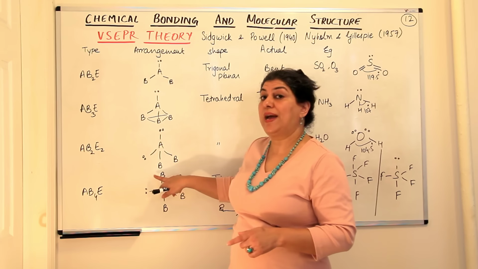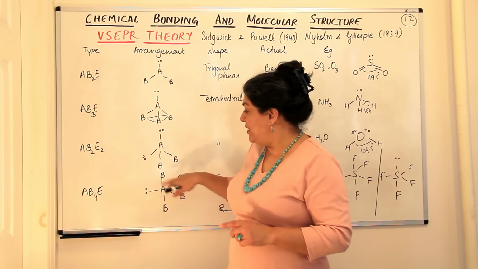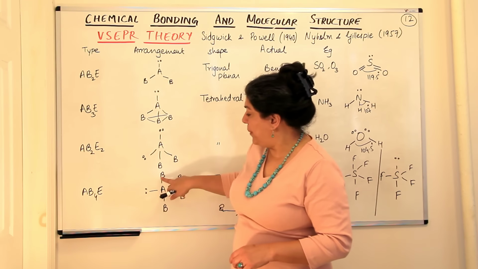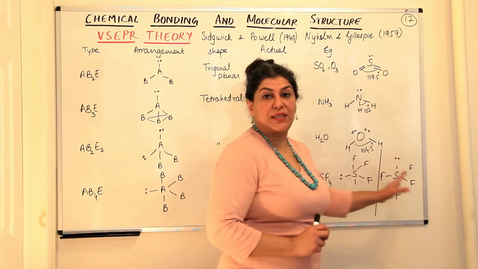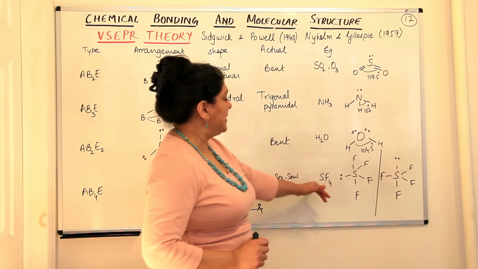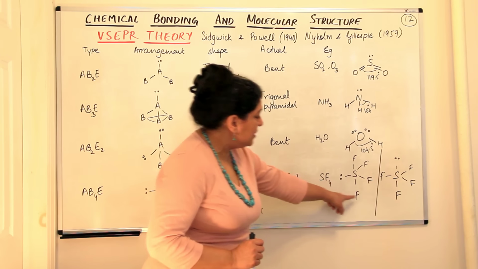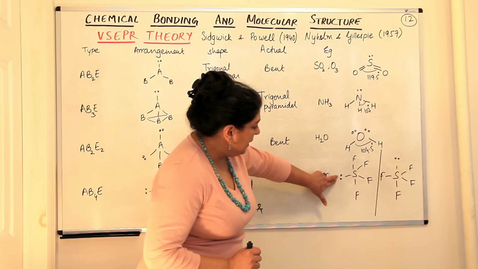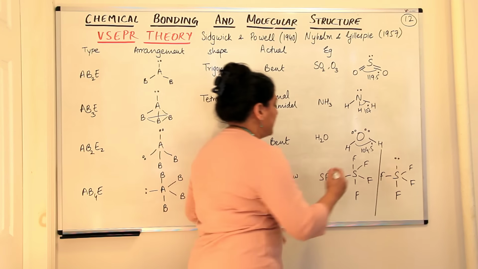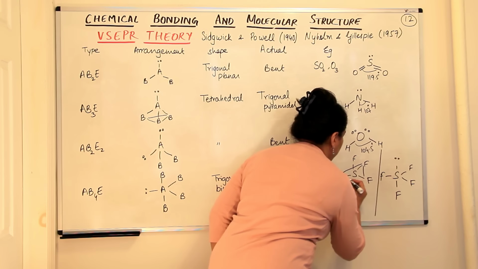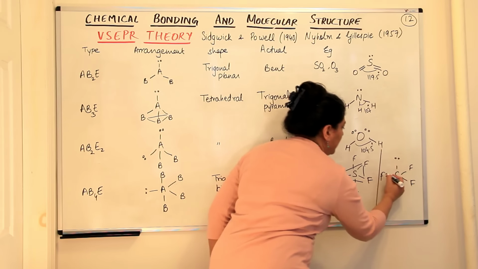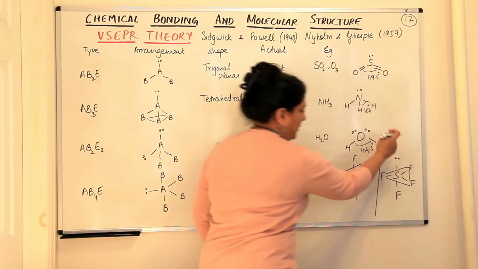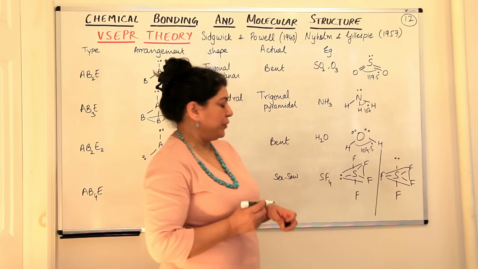It is not along the axis. The example is SF4. In this structure, the lone pair is present in the equatorial position, and in this one, I've made it in the axial position. Do you see this? Here it is axial and here it is equatorial.